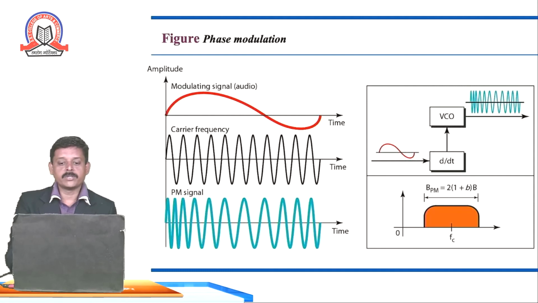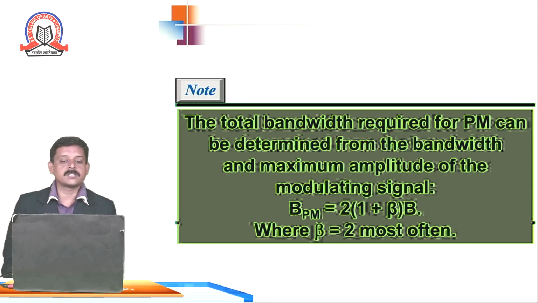So the formula used for phase modulation: the total bandwidth required for phase modulation can be determined from the bandwidth and maximum amplitude of the modulating signal.